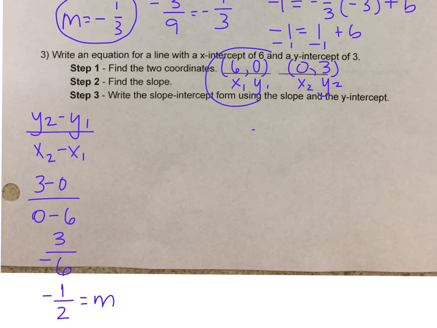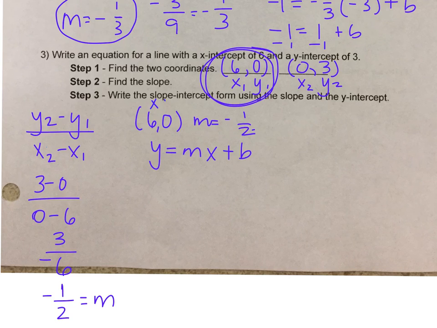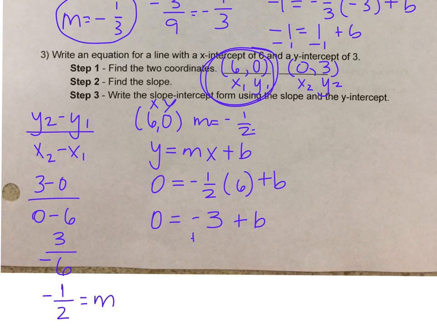Now I'm going to pick my first coordinate, and I'm going to plug that in. I'm going to plug the (6, 0) and my slope into y equals mx plus b. My y is 0, my m is negative 1/2, times 6 is my x, plus b. 0 equals negative 3 plus b.